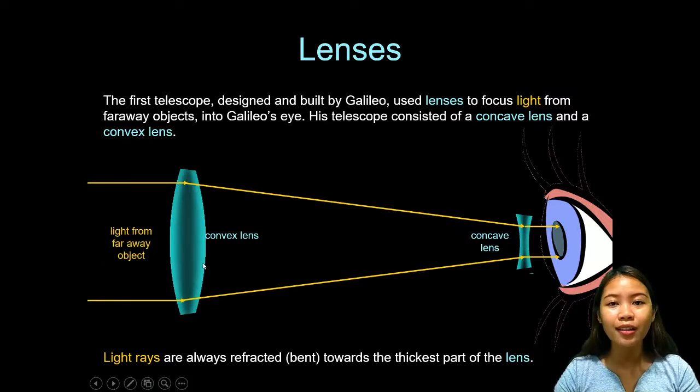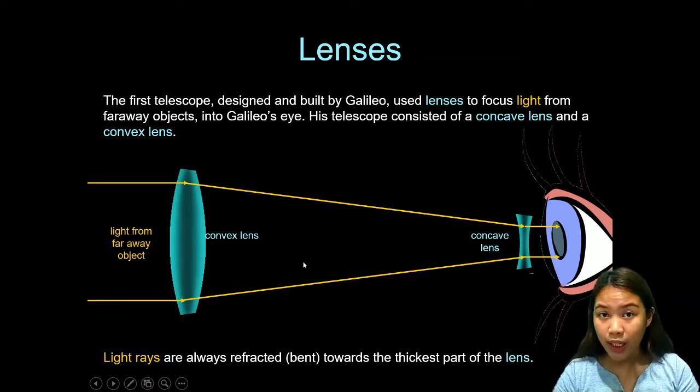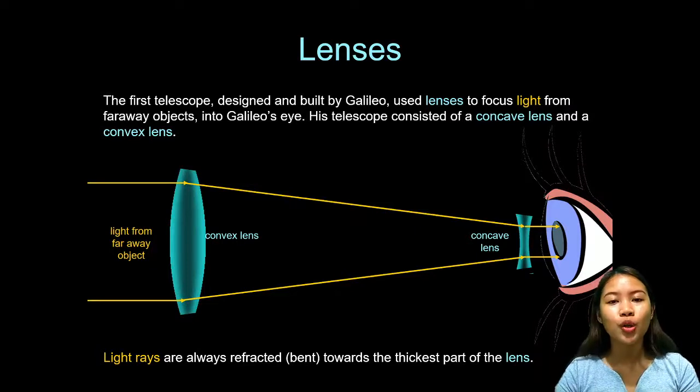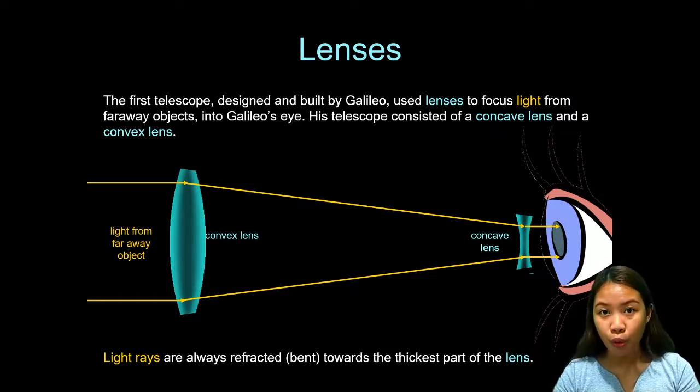As they enter the convex lens, if you take a look here, the light rays gradually get closer together, and the distance between them becomes small. Before they converge, we have here the concave lens, which allows the light rays to be parallel again. So what did it do? It made the converging light rays parallel. That is the purpose of the convex and concave lenses in a telescope.